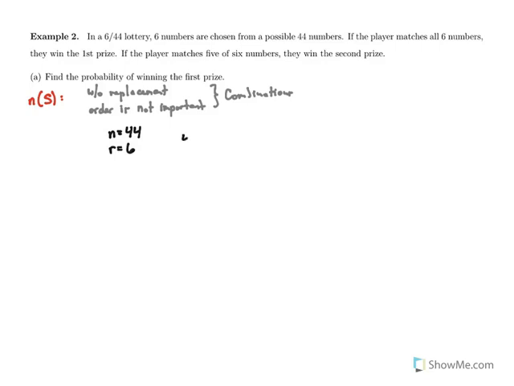That's going to give us 44 choose 6, which is 44 factorial over 44 minus 6 factorial times 6 factorial, which is 7,059,052.